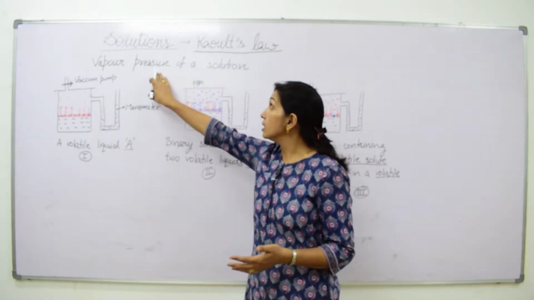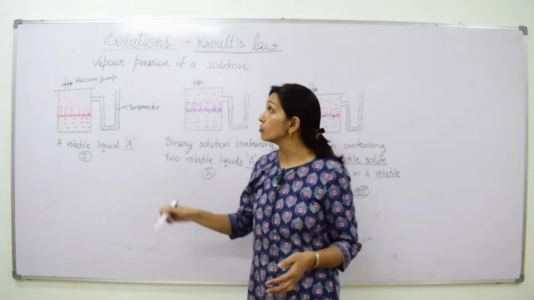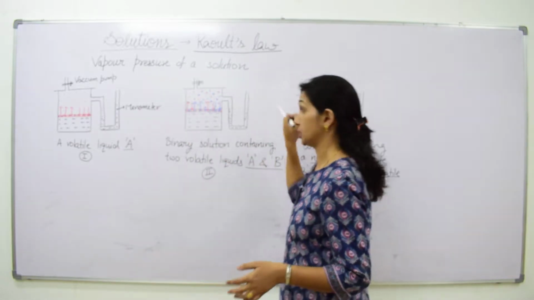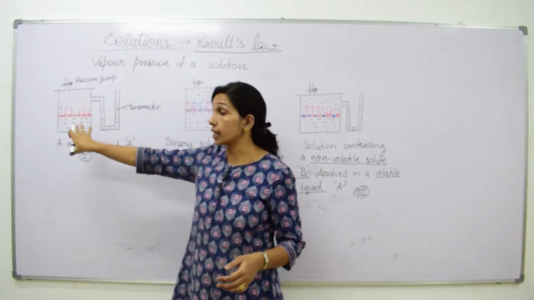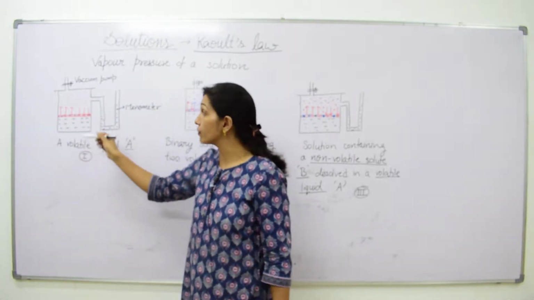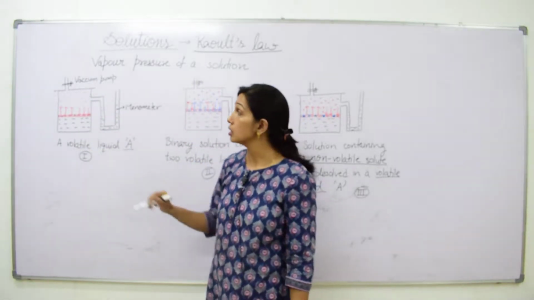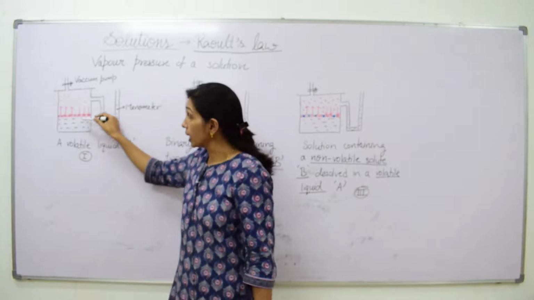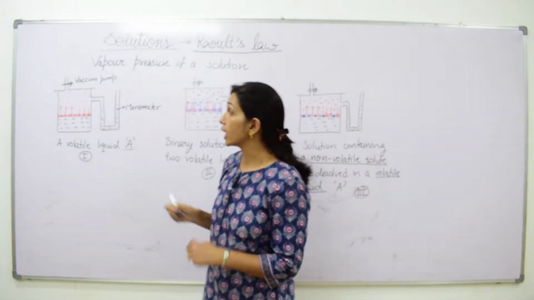To understand the vapor pressure of a solution, we can consider three cases. In the first case, in a closed container, we have taken a volatile liquid A. Volatile liquid A can change into its vapor.